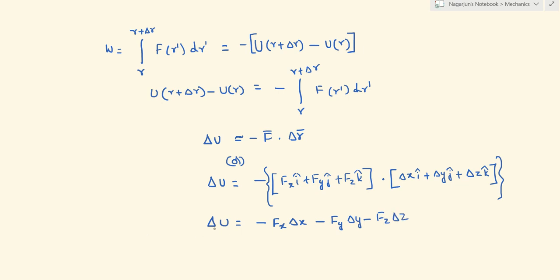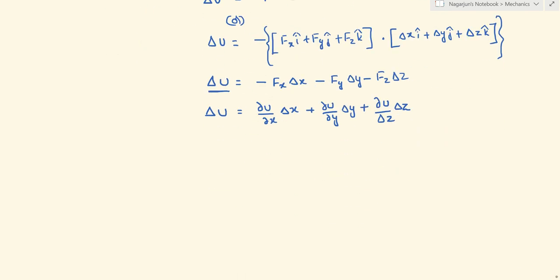But then there is an alternative way of expressing delta U. Delta U is equal to dou U by dou x delta x plus dou U by dou y delta y plus dou U by dou z delta z. Now let me proceed further. Comparing this equation with the above equation, let us call this equation 1 and this equation 2.